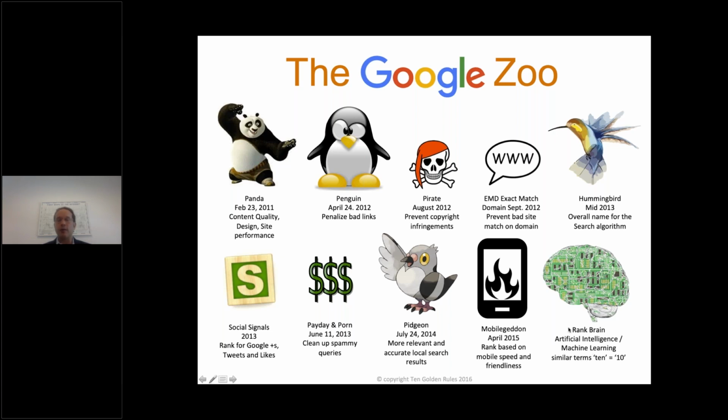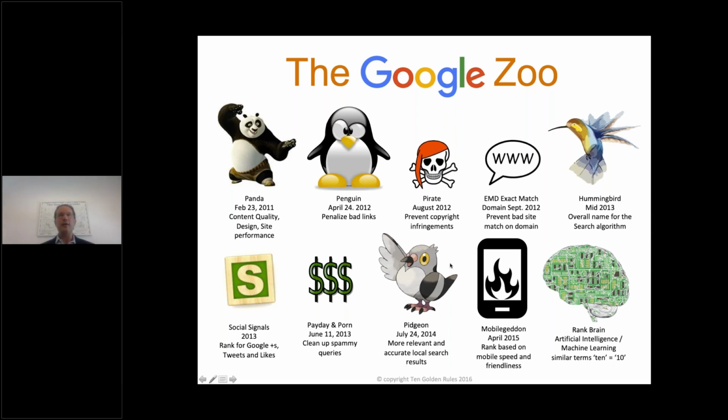And RankBrain was a really significant update, building on Google's ability to understand semantic human language. So, for example, our company, 10 Golden Rules, was always written as TEN, but with RankBrain and artificial intelligence and machine learning, Google can understand that if somebody searches the number 10, they're looking for 10 golden rules because they know these are the same things.